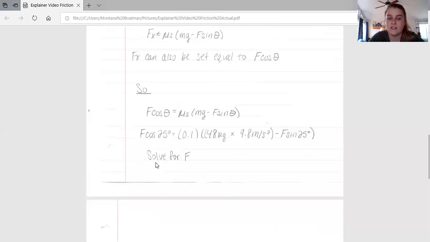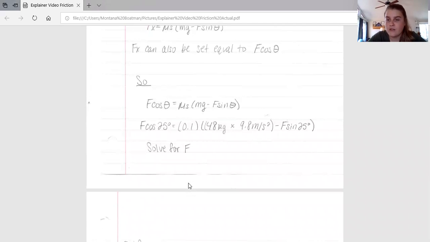So that would be F cosine of 25, because again, the angle given was 25 degrees, times 0.1, which was given to us as the coefficient for the static friction, times 48 kilograms, the weight given, times 9.8 meters per second squared, which is G, minus F sine of 25 degrees. And when you solve for F, this will give you the value of the minimum force he will need to exert to get the cube sliding in newtons.